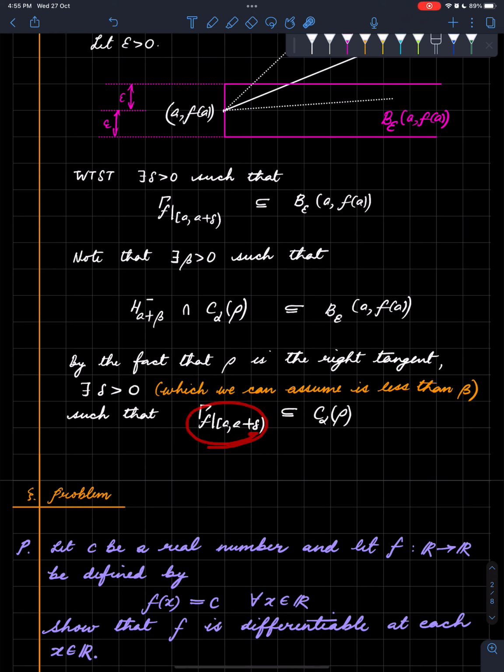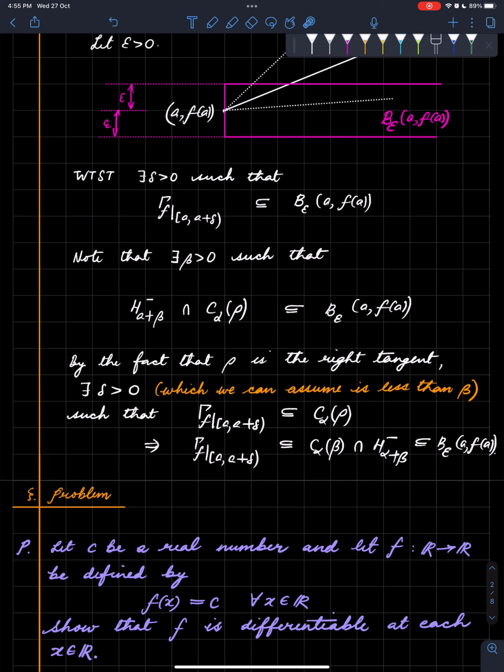So this is already contained in this part, and therefore what this implies is that gamma f restricted to a comma a plus delta is contained in C alpha beta intersection H alpha plus beta minus, which is contained in B epsilon a comma f of a. Right, so this is what we wanted to show, and we have shown it.